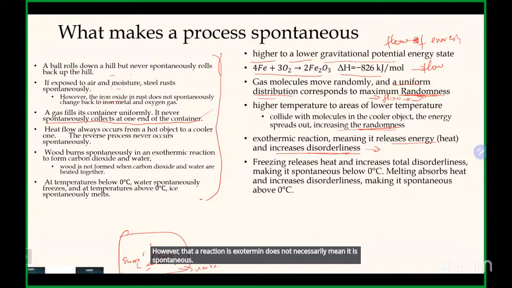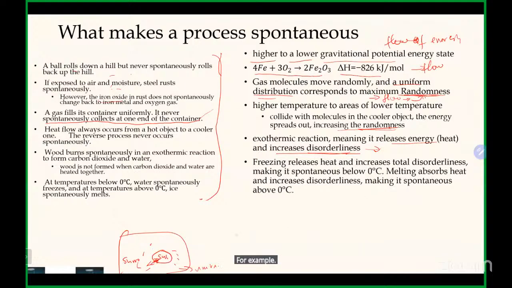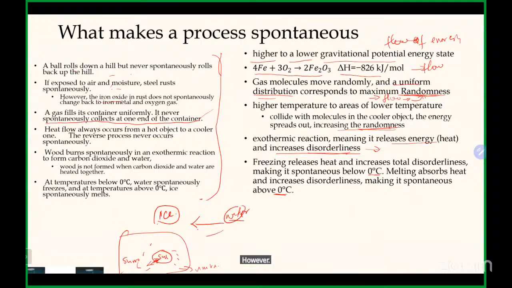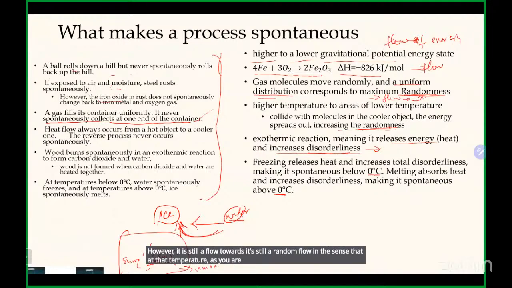For example, if you lower the temperature below 0 degrees, you move towards formation of ice. And if we look at it, ice looks more ordered than water. However, it is still a flow towards randomness in the sense that at that temperature, as you are forming ice, you are releasing heat to the surroundings.